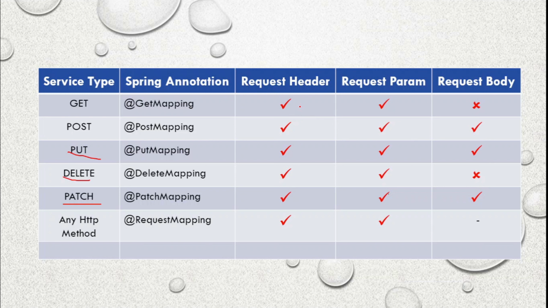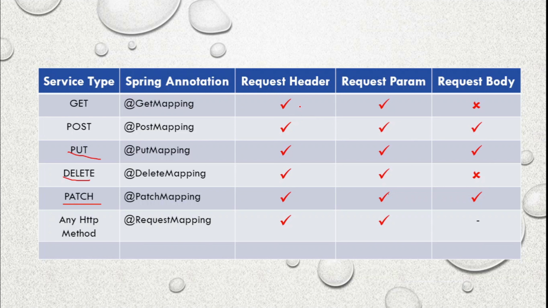So in this video, we are going to discuss different types of services in Spring Boot, the annotations Spring provides to support those services, and the request details which we can pass from the front end to the back end for those services.